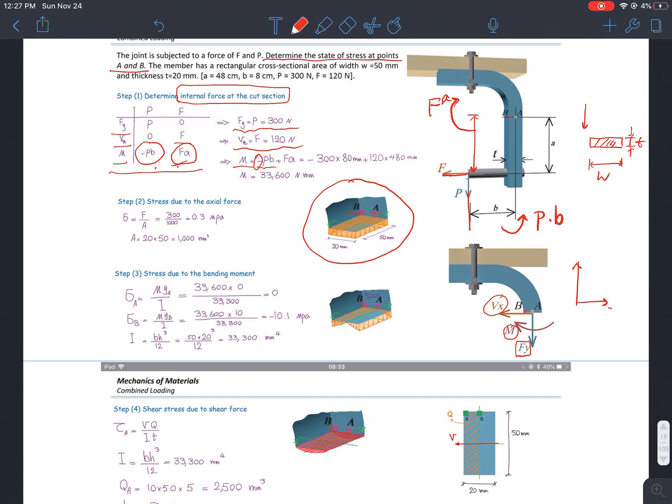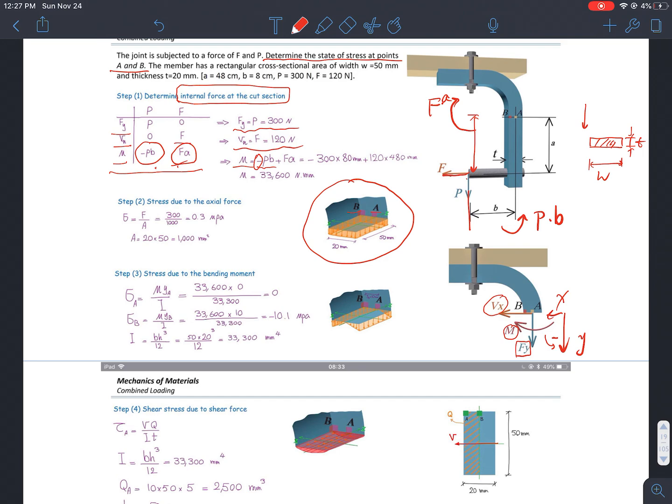Because in our definition here, we flip the orientation and name this X, this Y. So this would be a negative.